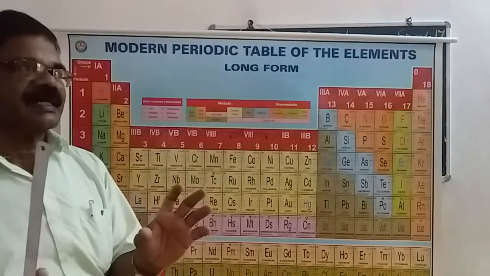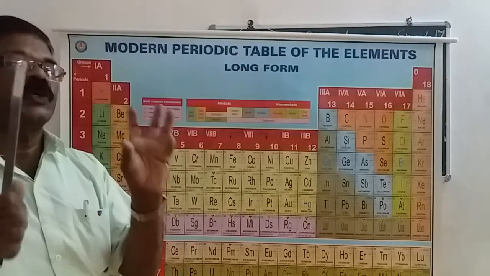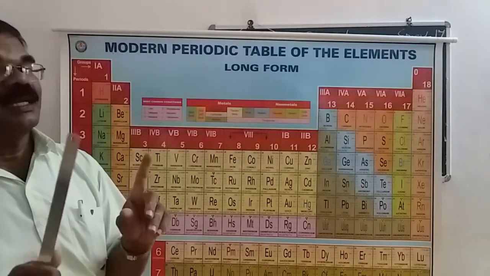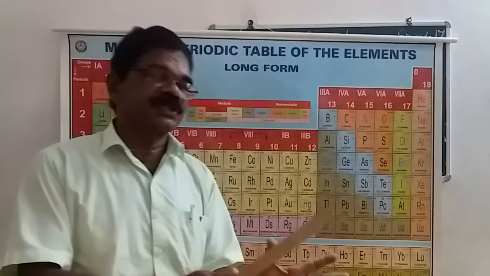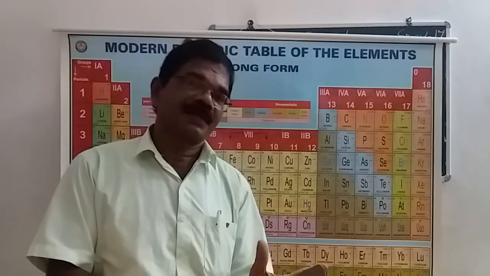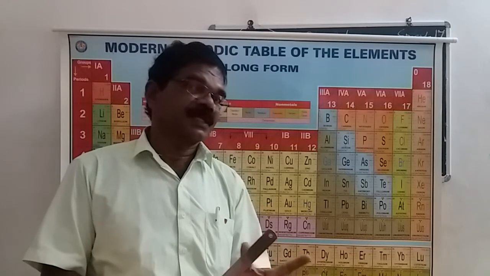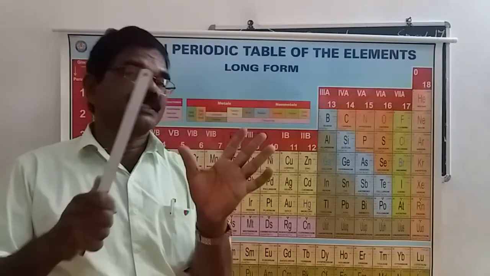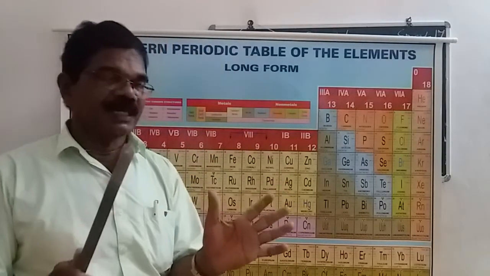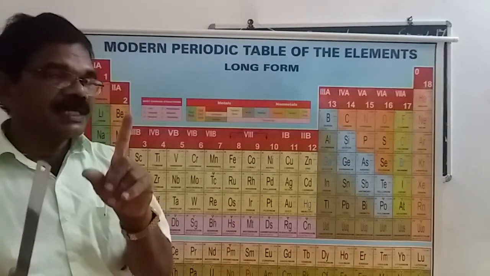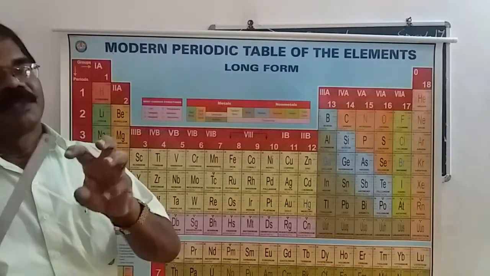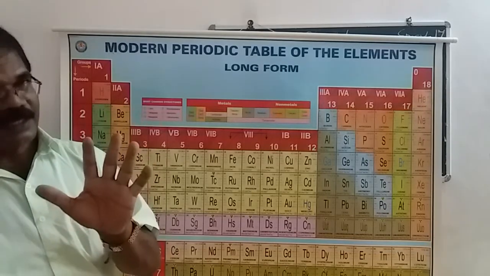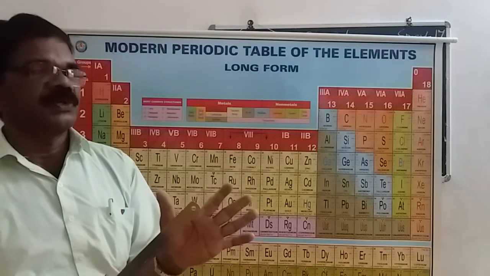A metal's character is to donate electrons to other elements. The metal which gives electrons easily is more metallic, more reactive. The metal which does not give electrons as easily, with less tendency to lose electrons compared to others, is less reactive.